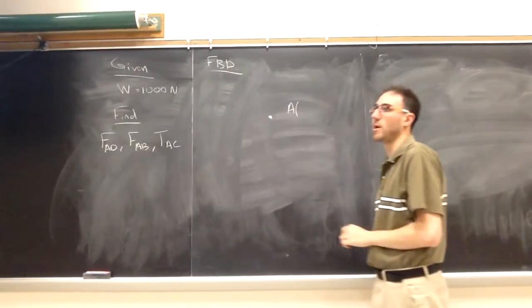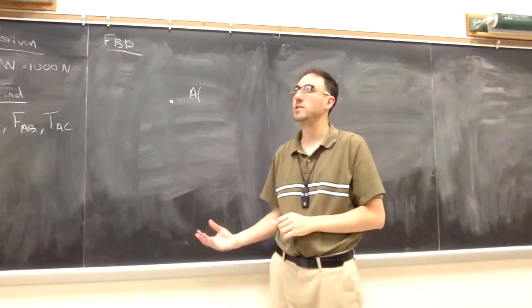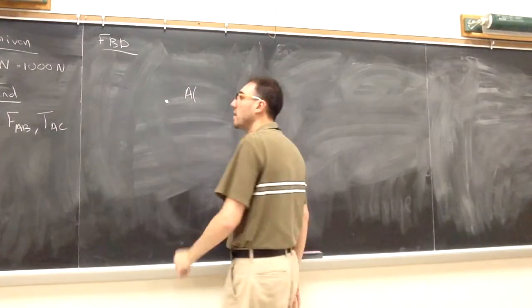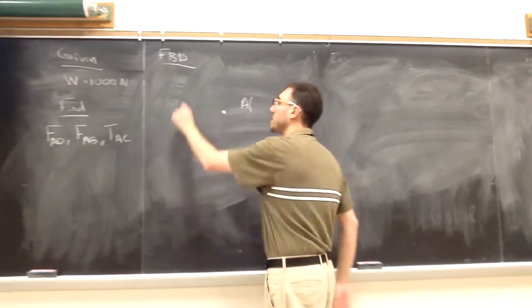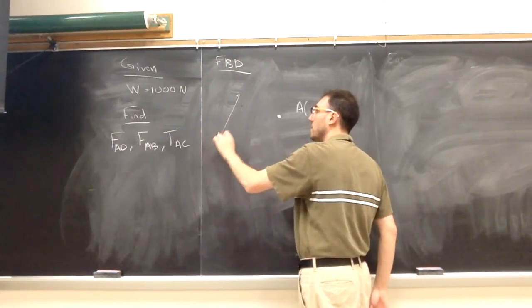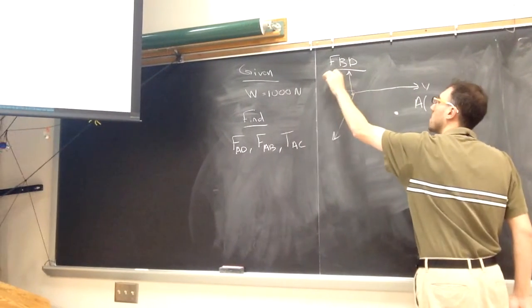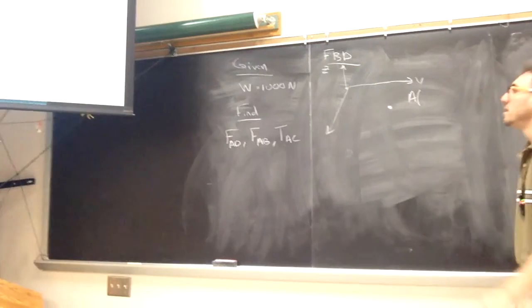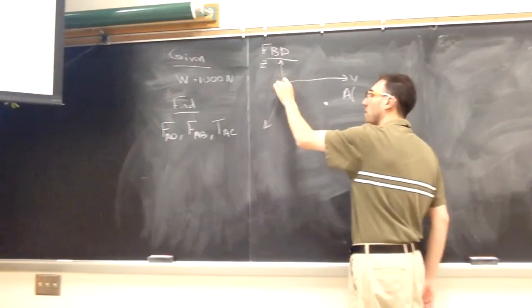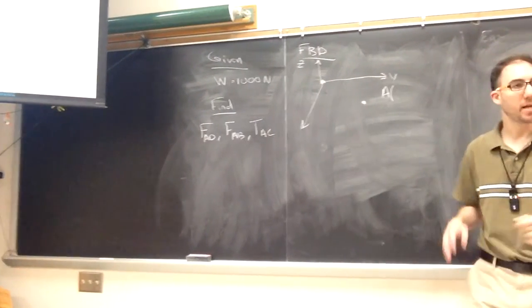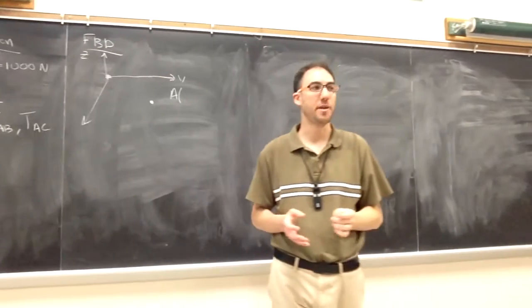And for particle equilibrium, this is often obvious, but not always. I'm going to use the coordinate system that was given to us, this right-handed coordinate system. So we have this origin over here. So point A, because we're in 3D, I'm going to be using unit vectors.